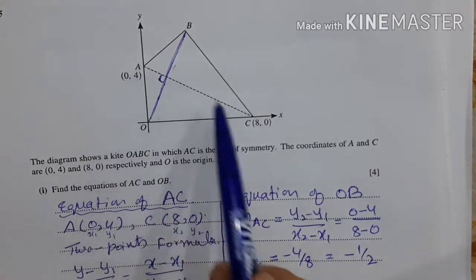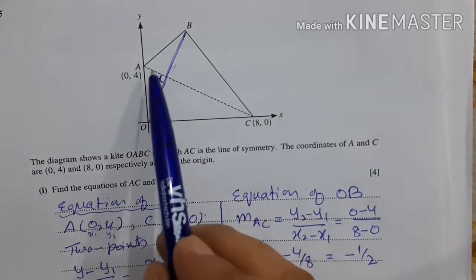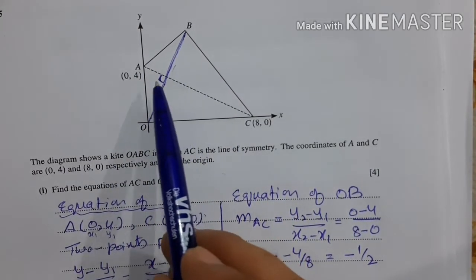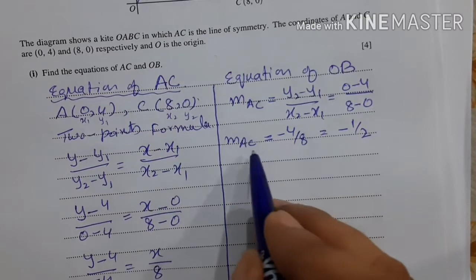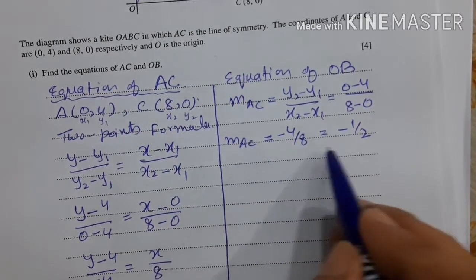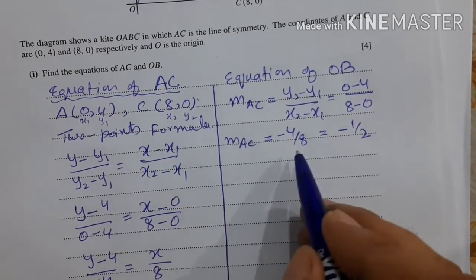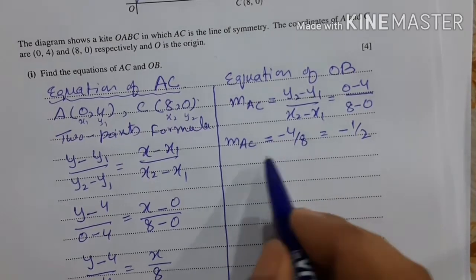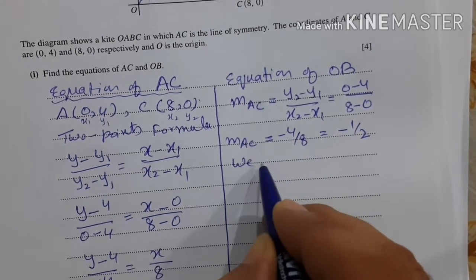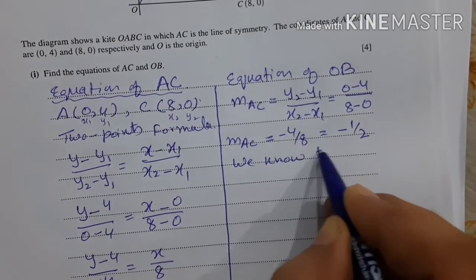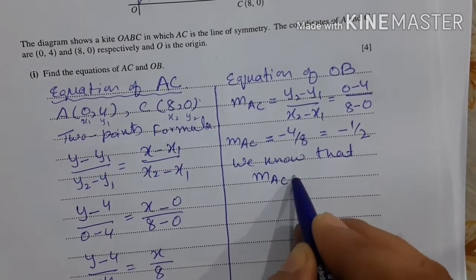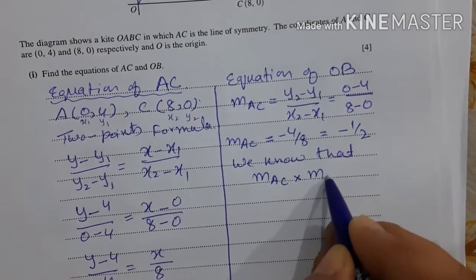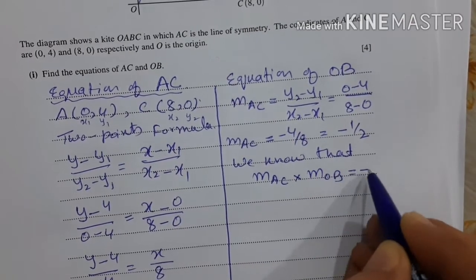Now, we can see the diagonals of a kite are always perpendicular to each other. So, OB and AC are perpendicular, and we know that the product of the gradients of two perpendicular lines is always minus 1. Gradient of AC into gradient of OB is minus 1.